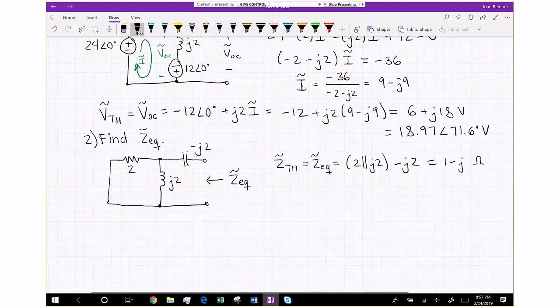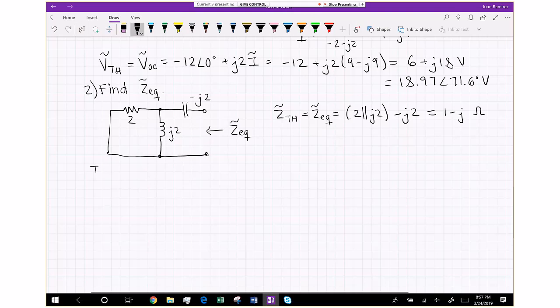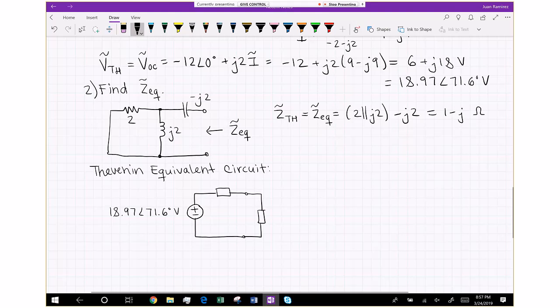So our Thevenin equivalent circuit looks like this. 18.97 volts with a 71.6 degree phase angle, that's your Thevenin voltage.